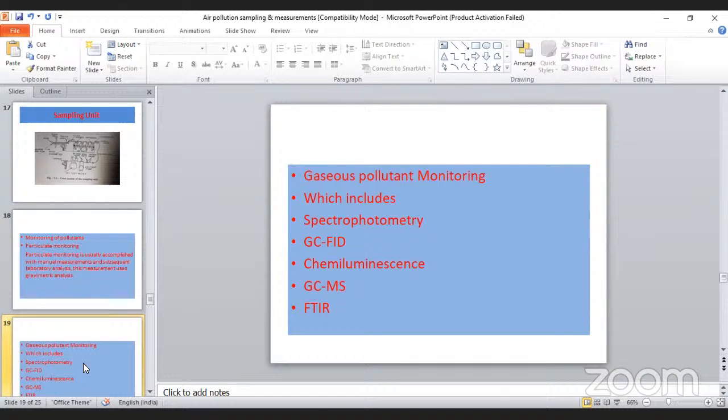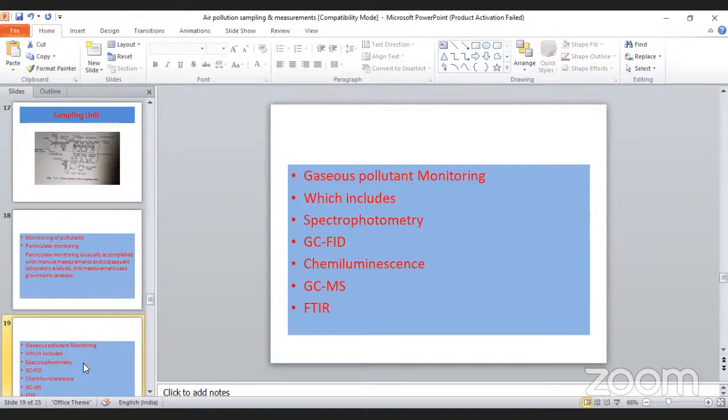Okay. The next one is gaseous pollutant monitoring. We have discussed only particulate matter monitoring. Now we are going to talk about gaseous pollutant monitoring. There are different methods available to monitor gaseous pollutants, using various measurement principles.